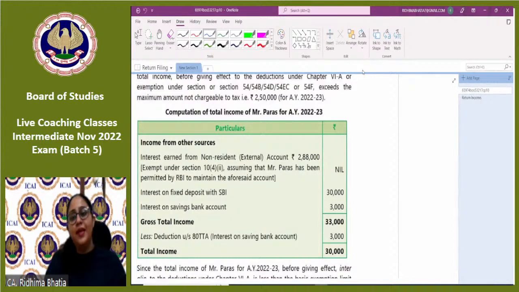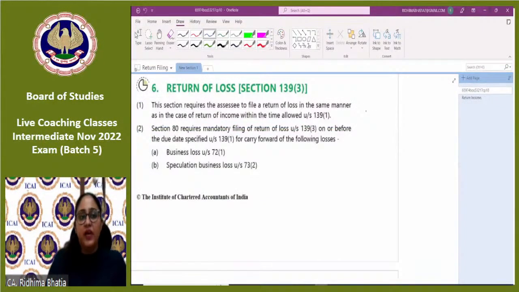Great. Next, let's understand the other sections. 139(1) is compulsory filing of return of income. That means if you're falling under it, you have to file the return of income before the due date. And what if we do not file the return of income within the due date?